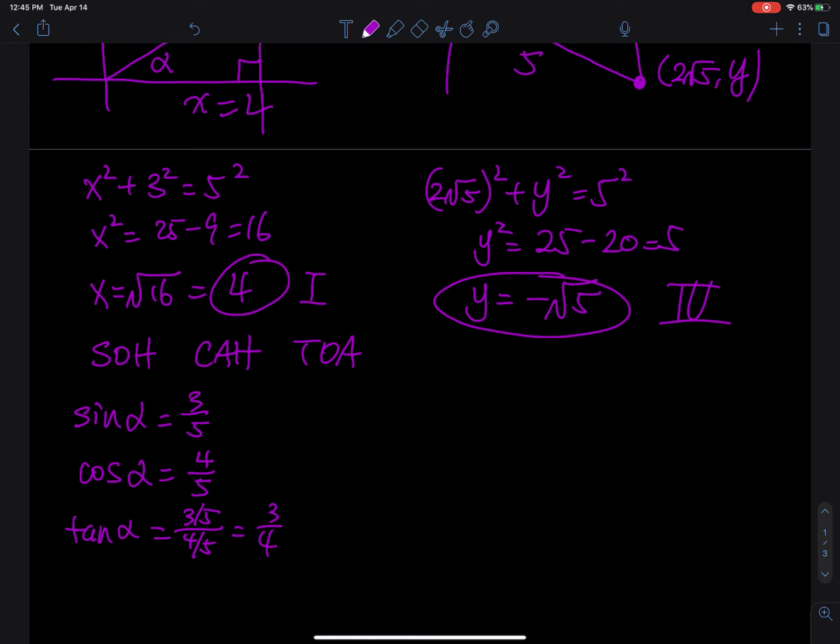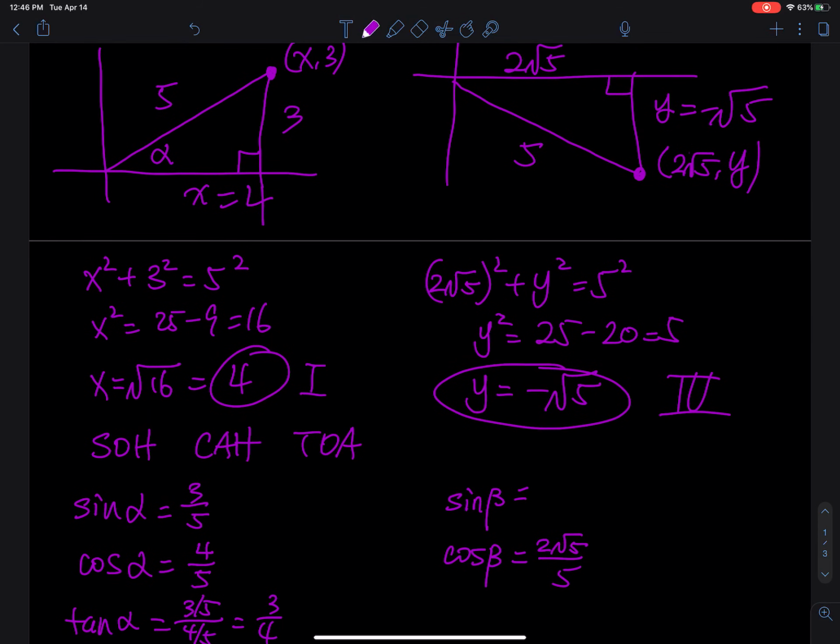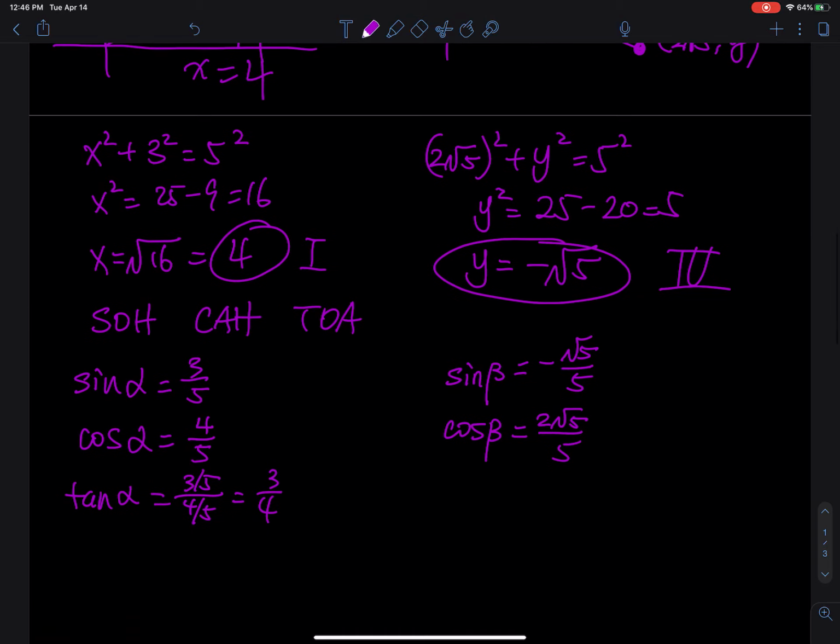And then the other side, we have cotangent beta that is given in the problem. So that is 2 root 5 divided by 5. And then sine of beta, SOH, that is negative. Just look at the triangle. We have negative root 5 divided by 5. And then we have sine and cosine. Figuring out tangent is super easy.